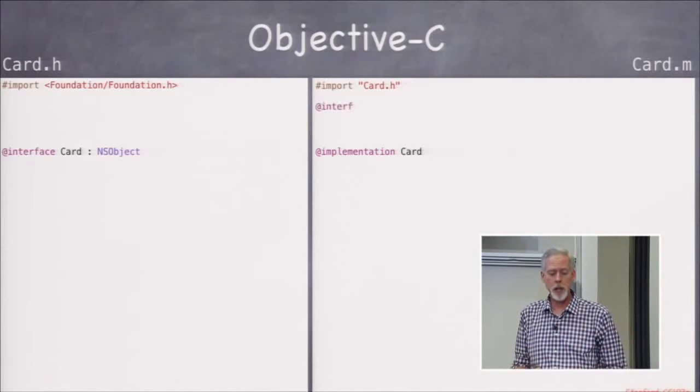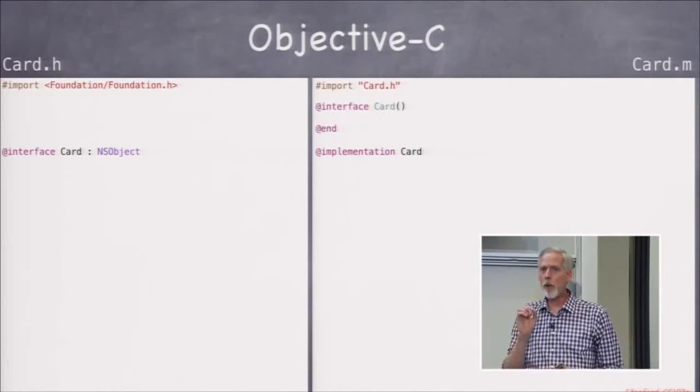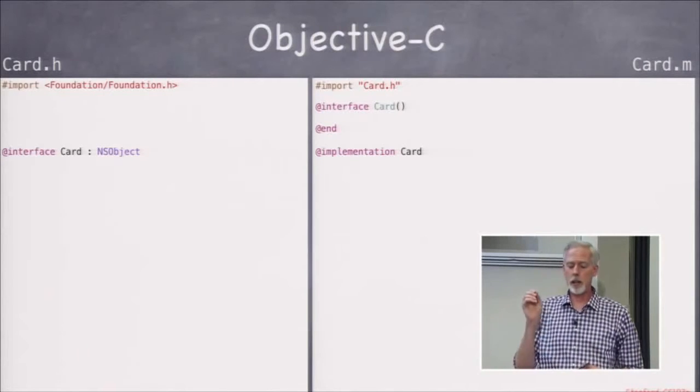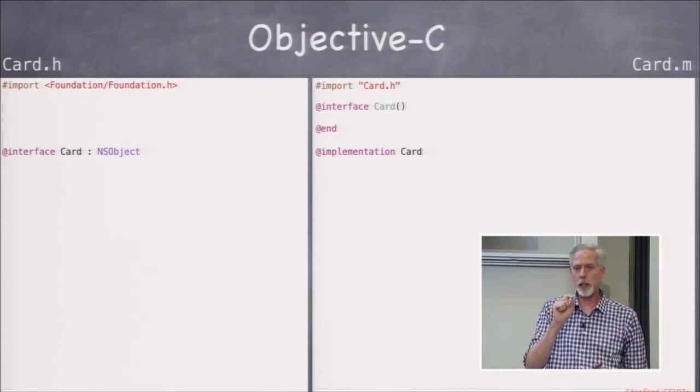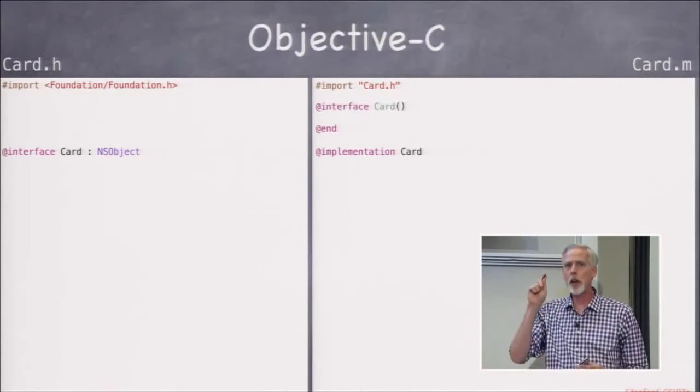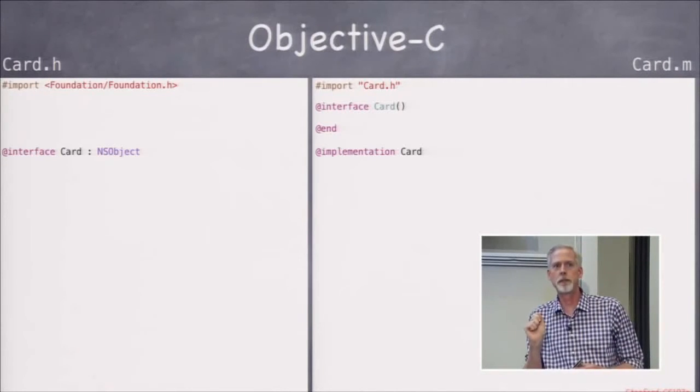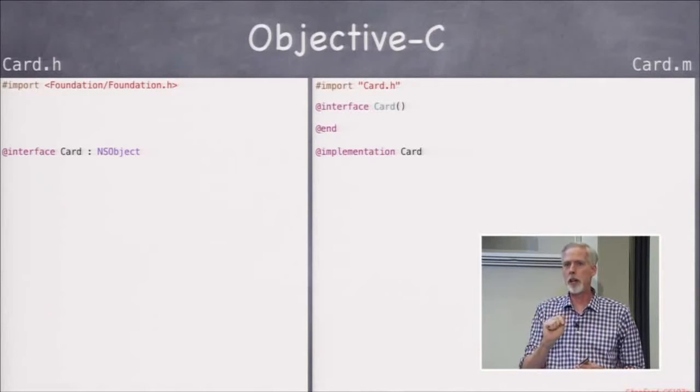Makes perfect sense. We can also have private declarations, okay? Declarations of properties and methods that are private inside of our implementation file by putting this little @interface, name of our class, open parentheses, close parentheses, and then @end. So we can have a little space here where we can put private declarations.